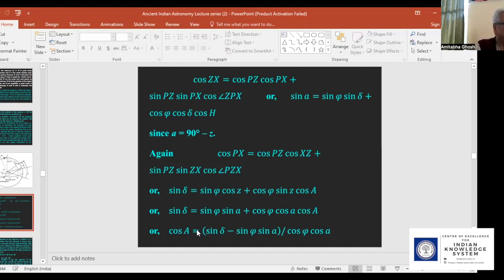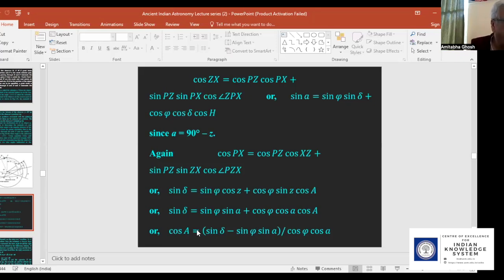You can see that, equatorial to horizontal, if you want to say. So how do you do it? It is just the reverse.